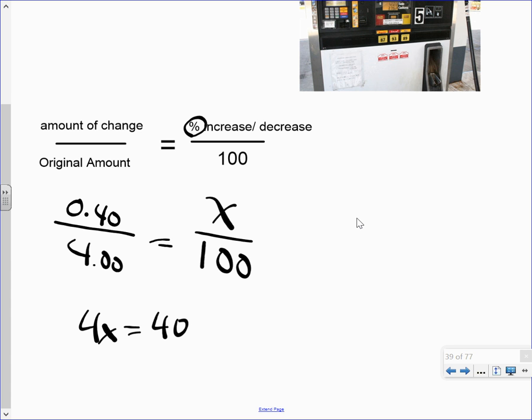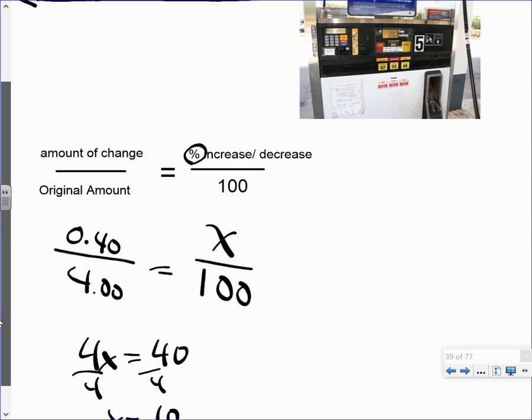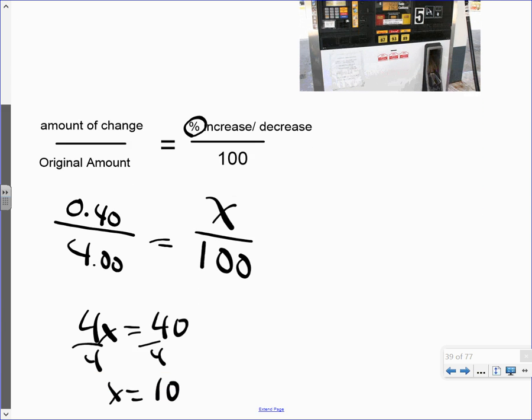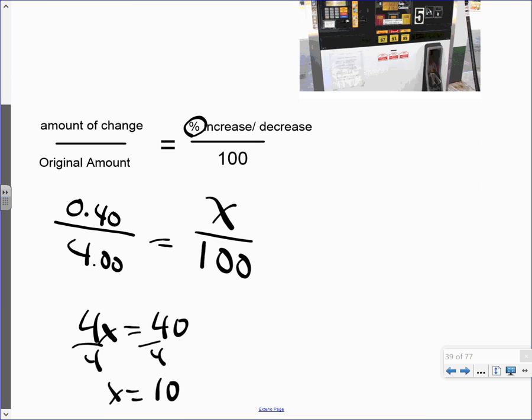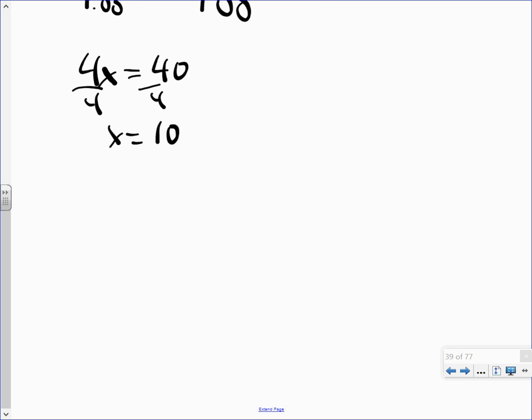And then you divide these puppies. 4 into 40, X goes 10. So 10 what? 10 chickens, horses, or termites? 10. Nice. 10% what? Increase. The gas dropped 10% in price. It's a 10% decrease. So we're going to write 10% decrease.